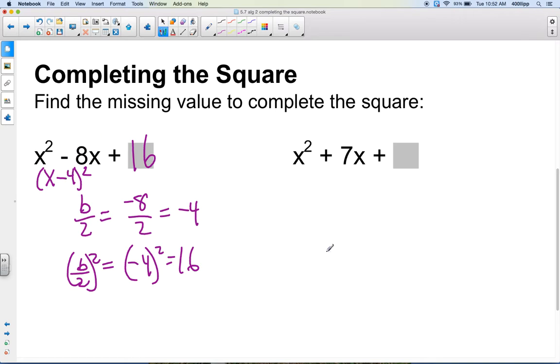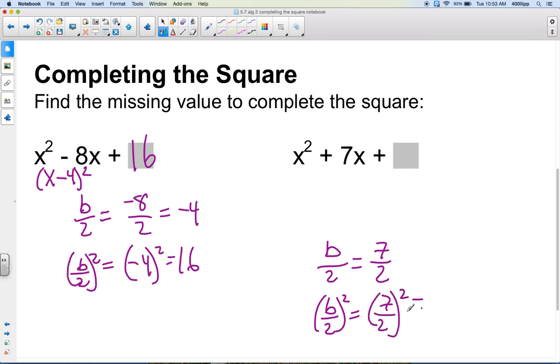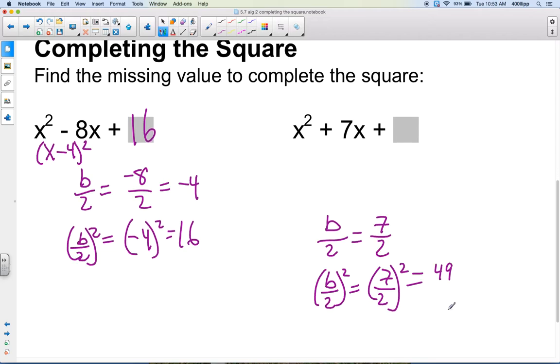Let's try this one here. We get b over 2. So our b is 7, over 2 here. Okay, we can write this as a decimal if we want, but I'm going to leave it as a fraction because I think that fractions are a little bit easier to square than decimals. So then I have 7 over 2 squared. And then I go 7 squared is 49, and 2 squared is 4.